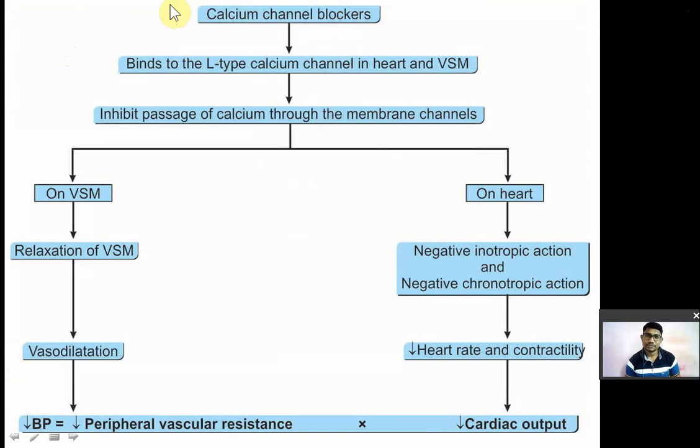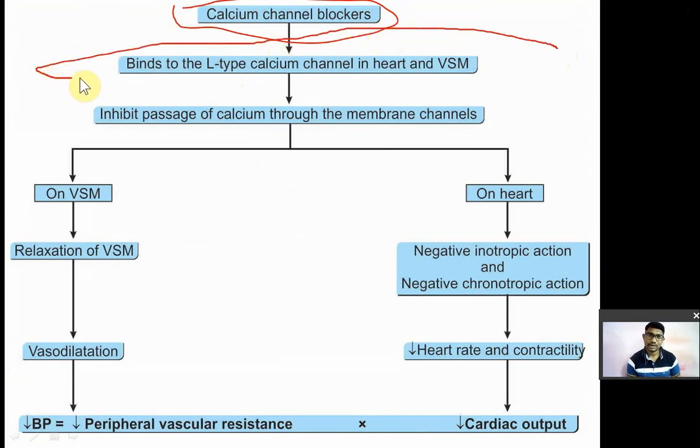Now calcium channel blockers, how will they act? Calcium channel blockers bind with the L-type calcium channel present in the heart. You have seen the electrophysiology of the heart: when sodium goes inside, calcium also goes inside. Calcium goes inside because of the L-type calcium channels.